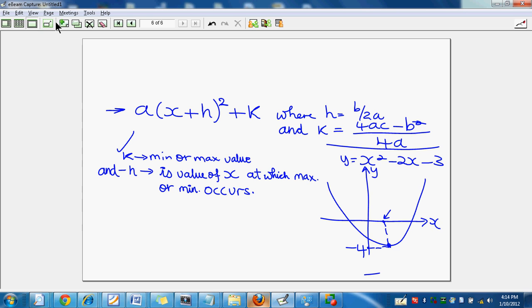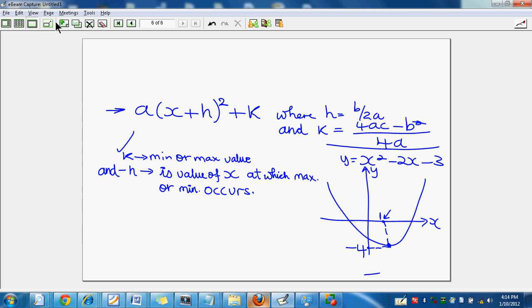How could we get that value? Well, from the completed square equation, we work out what h was, b over 2a, and then minus h is the value of x at which that minimum occurs. So if we worked out h from this equation, all we have to do is find minus h, which is multiplied by minus 1, and that would give us this value here. In this case, that value works out to be 1.